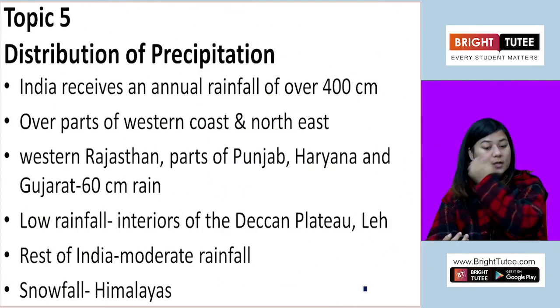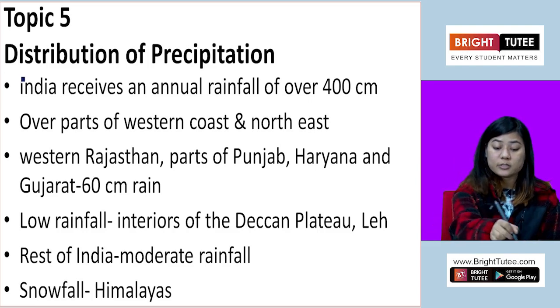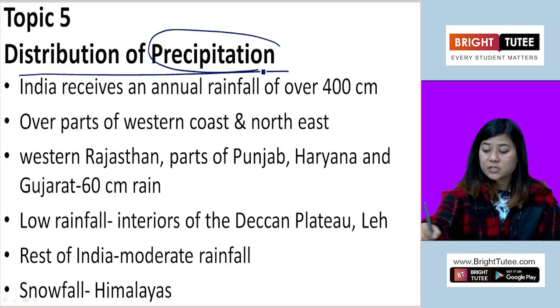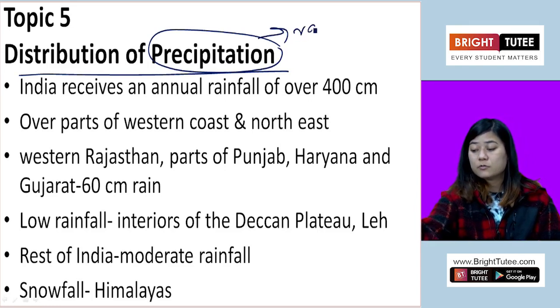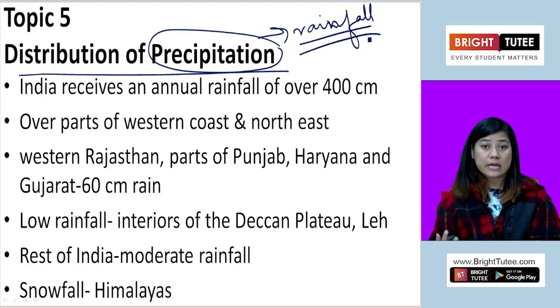Now with that we come to the fifth topic of this chapter, and here we'll look at the distribution of precipitation. So precipitation here basically refers to rainfall. We have been talking about monsoon and rainfall.